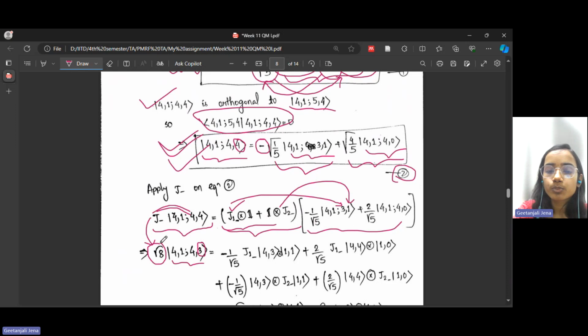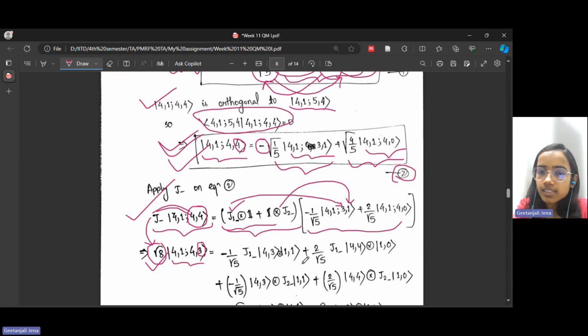Now you have to put the value of J and M. So J is 4 and M is also 4. So if you put it, you will get a root over of 8 here. This is the left hand side of this equation.